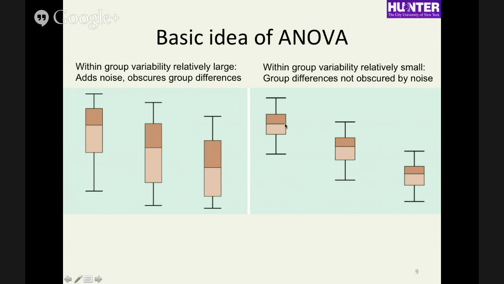Whereas on the right here, these are the same means of each group, but the within group variability is less. So the one on the right is less likely to have happened by chance, those differences in means.